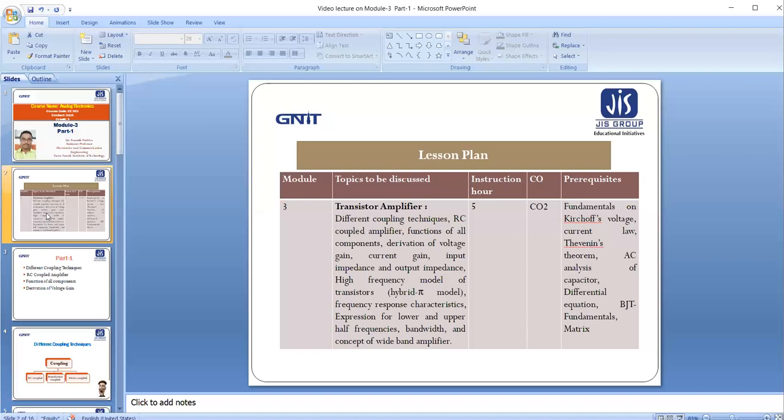Now we will encapsulate all the ideas gained from module 2 into module 3, where we are designing the practical amplifier and its several advantages, disadvantages, its analysis, means derivation of its parameters rigorously.